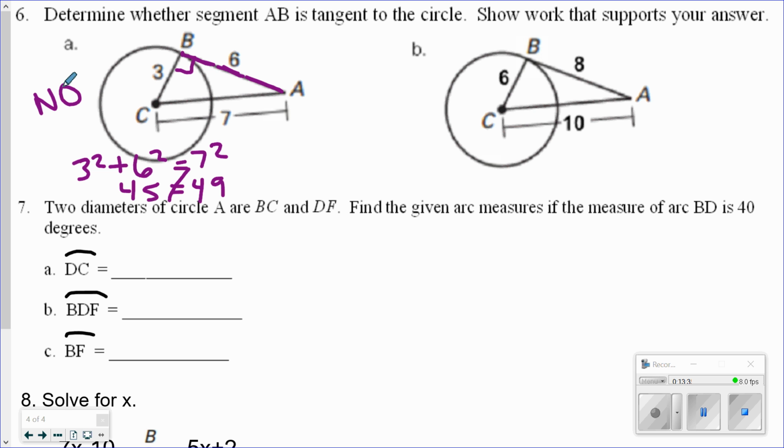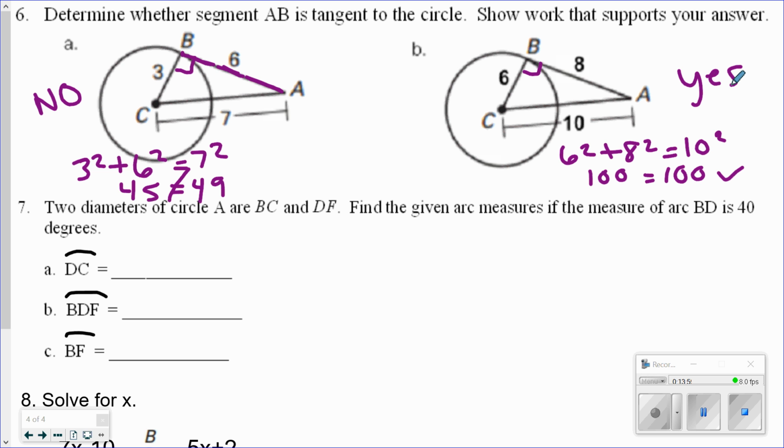So I want to see, is this a right triangle? So is 6 squared plus 8 squared equal to 10 squared? If you plug in 6 squared plus 8 squared into your calculator, you see that you get 100, and 10 squared is also 100. So yes, part B, we know that AB is a tangent.